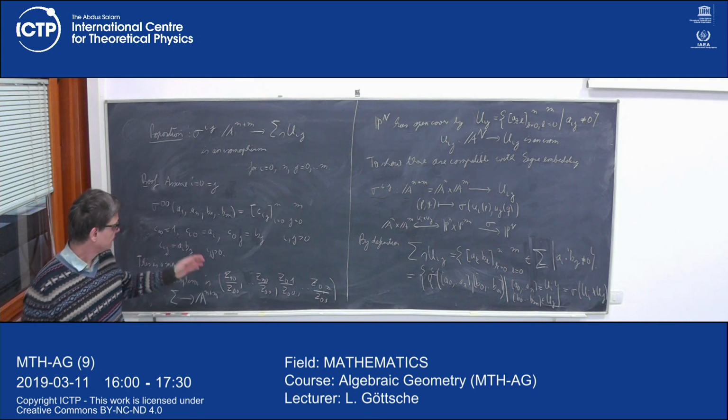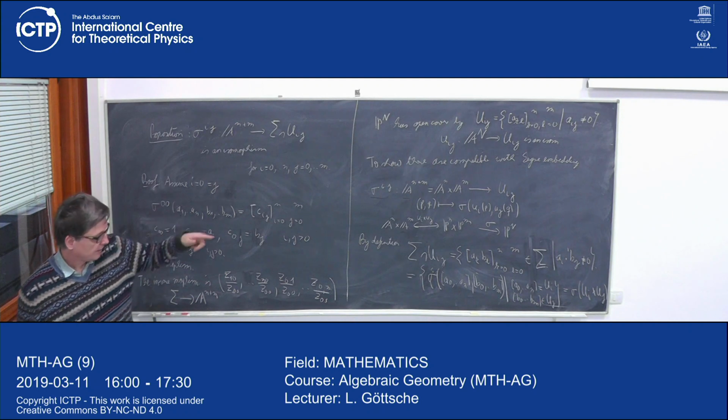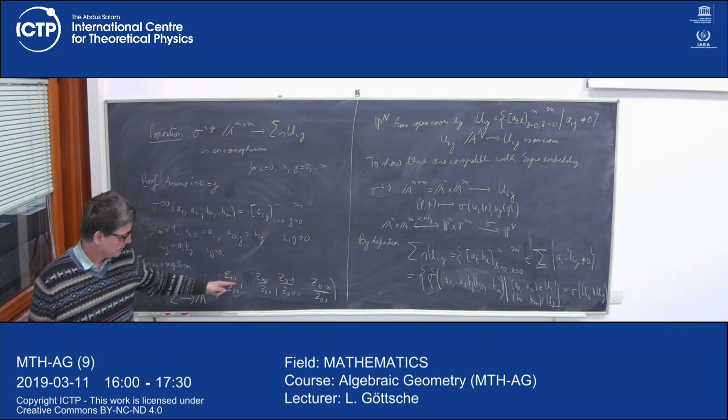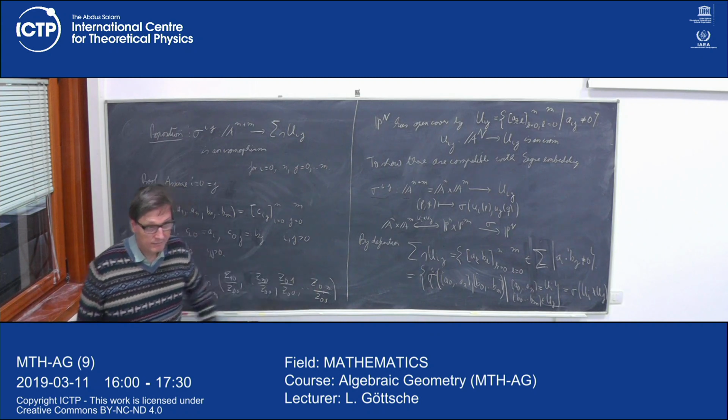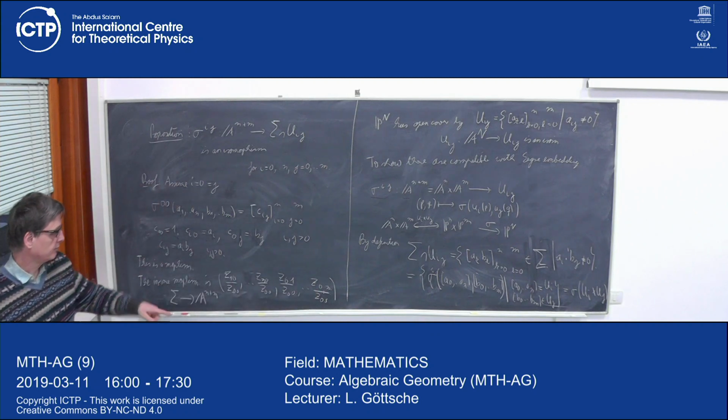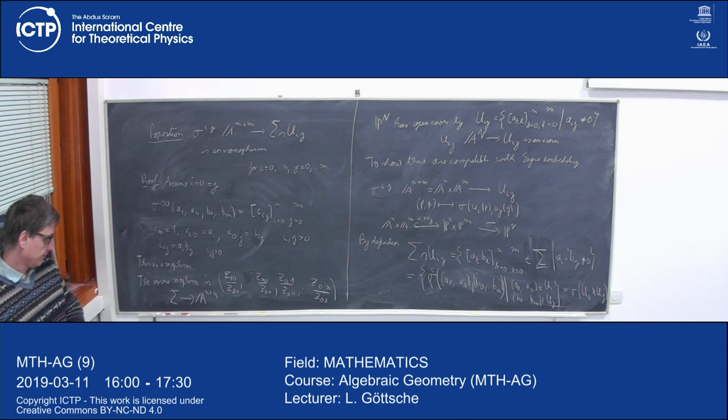Okay, and you can see that this map is the inverse of the previous map, because if we are in the image, this will just be A1 until An, and B1 until Bm. And you can also see the other composition.